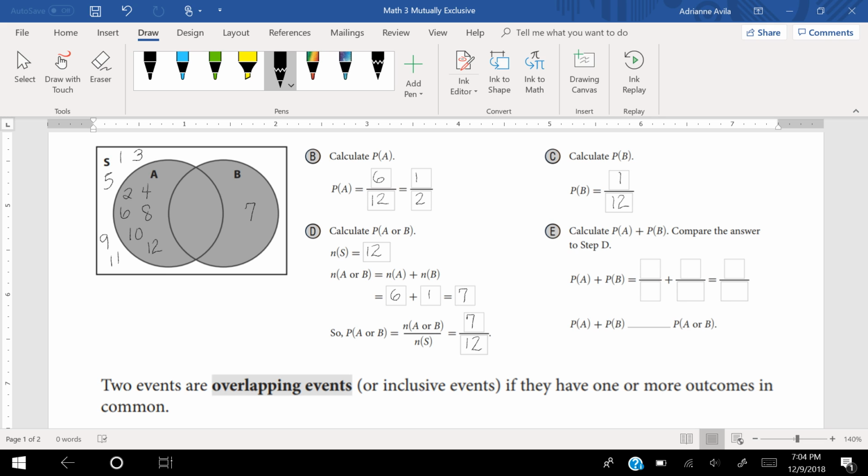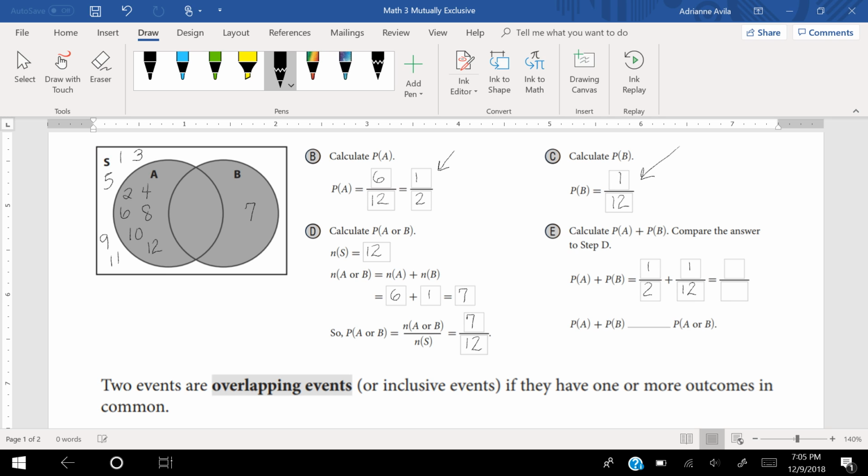Now this would be calculating the probability of events A or B together, but we can also calculate the probability of A plus B and get the same result. I can use this information and say that the probability of A is 1/2, plus the probability of B, which is 1/12.